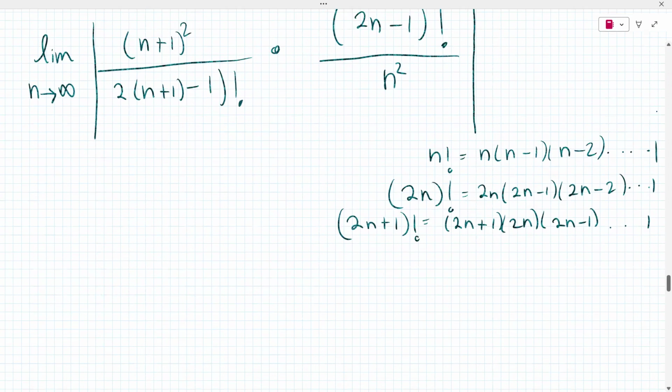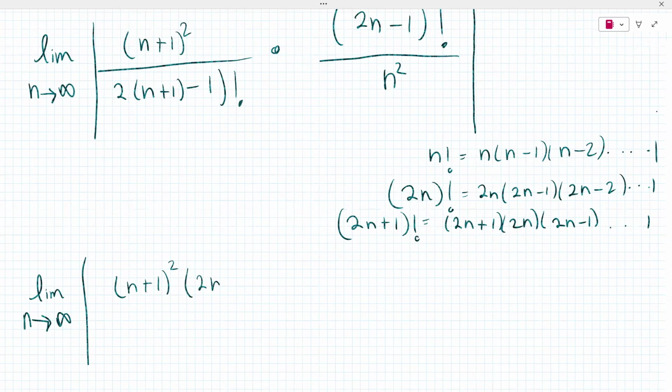So when you clean this up, it's going to give you the limit as n approaches infinity, and then we have n plus 1 squared times 2n minus 1 factorial over 2n plus 1 factorial times n squared.